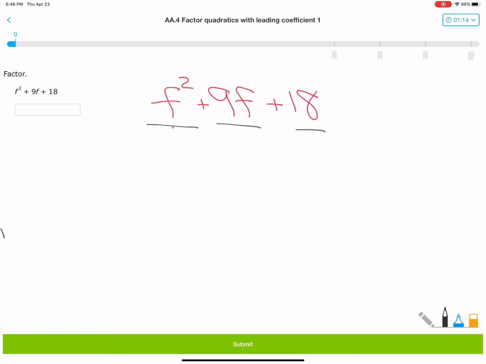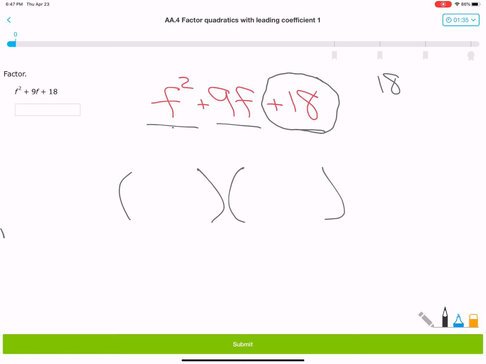Anyway, we're going to factor these into two sets of parentheses. We're going to start with this number. I have a positive 18.